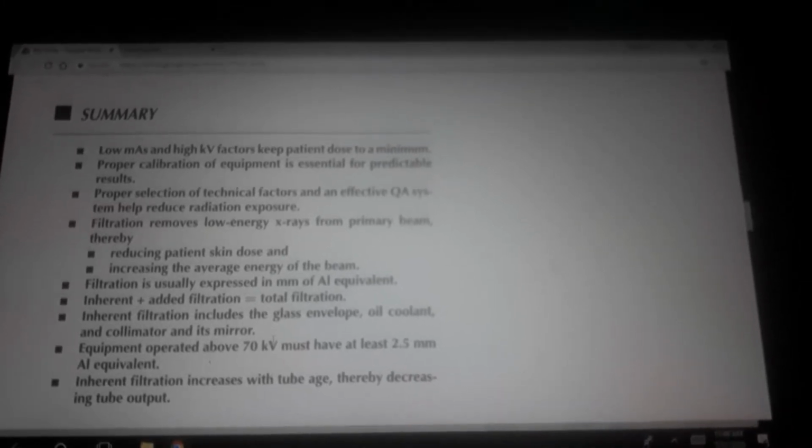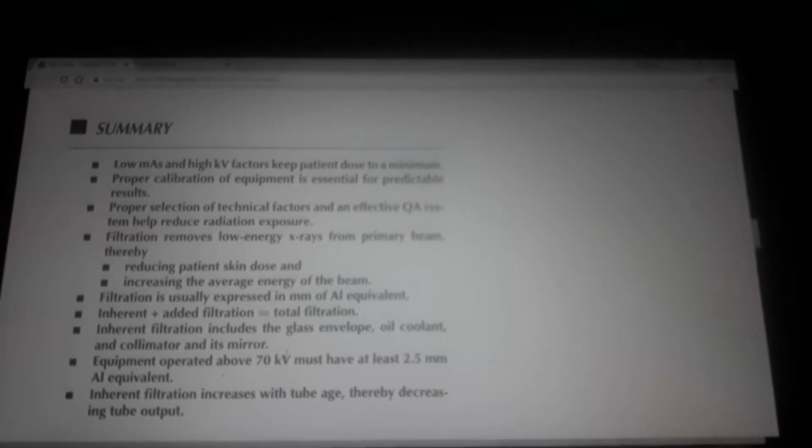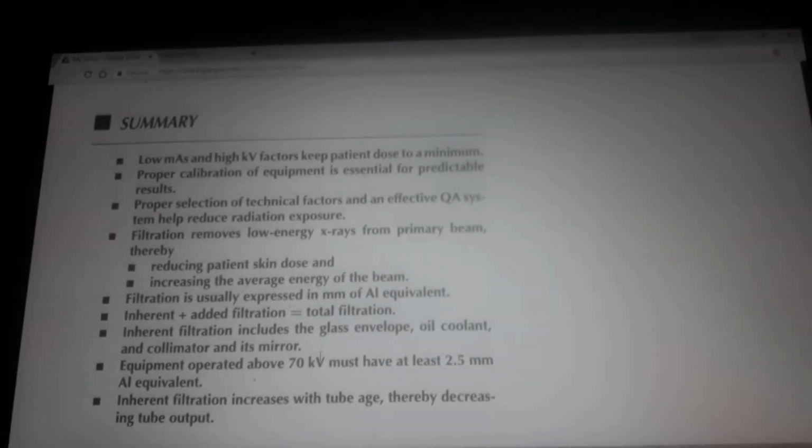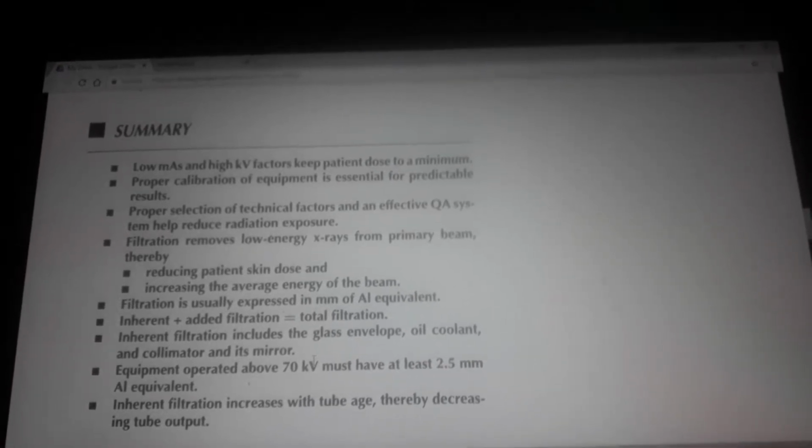Next summary: low mAs and high kVp factors keep patient dose to a minimum. Proper collimation of the equipment is essential for predictable results. Proper selection of technical factors and an effective QA system help to reduce radiation exposure.